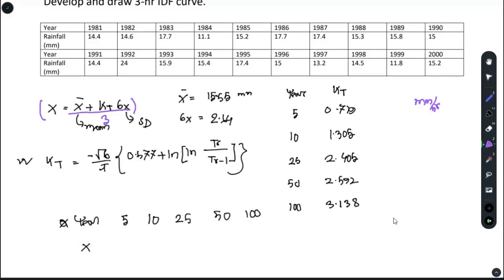From that, I'll get values of 5.82, 6.33, 7.3, sorry, 7.46, and 7.94. So these values are in millimeter per hour, not just millimeter.